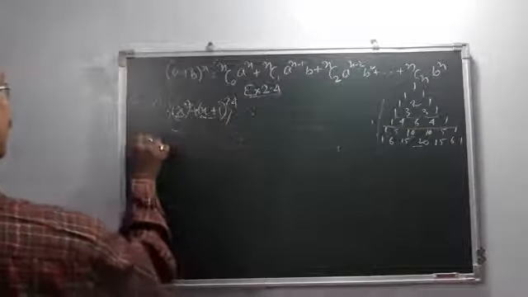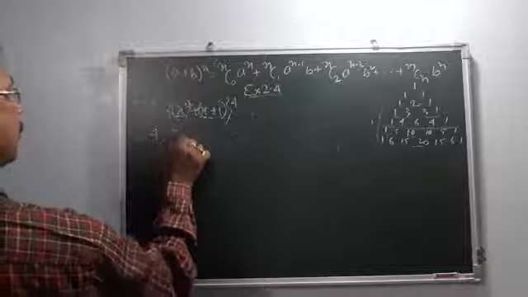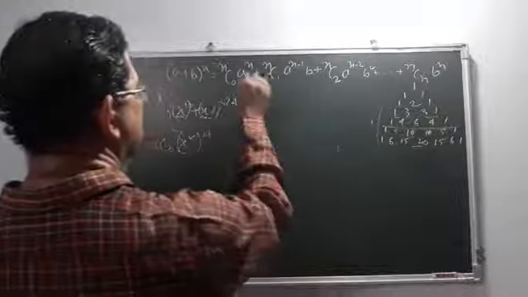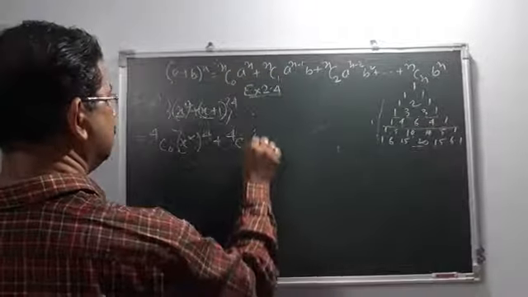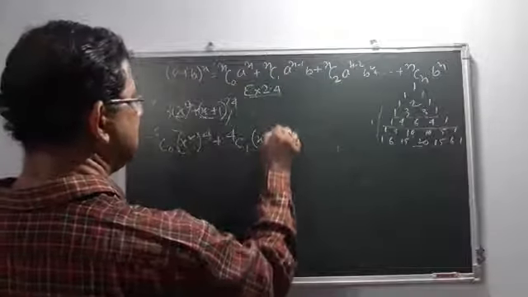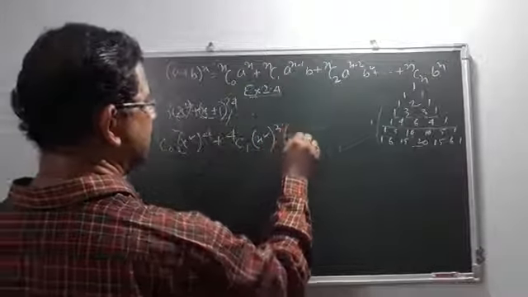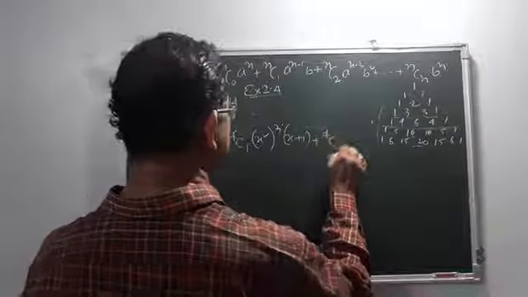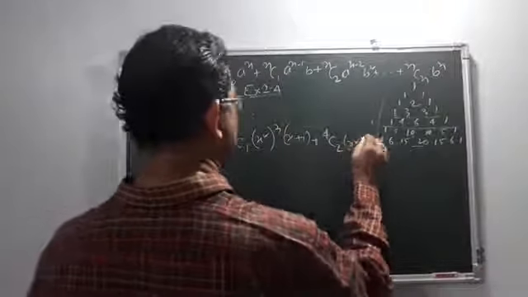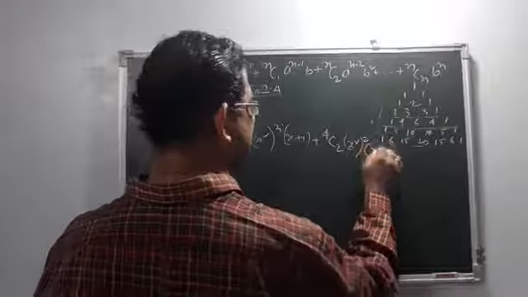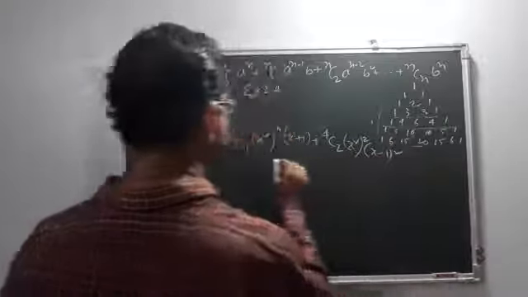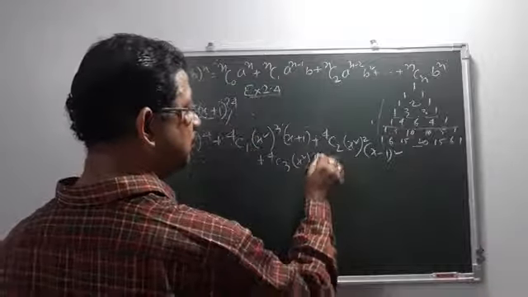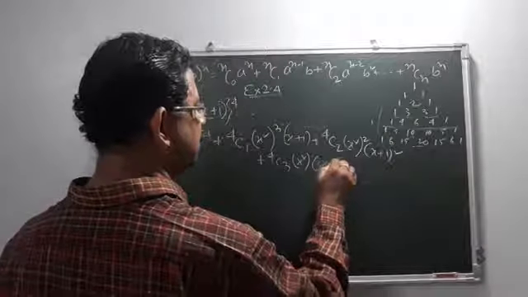We can write 4C0 (x square) to the power 4, plus 4C1 (x square) to the power 3 into (x plus 1), then 4C2 (x square) to the power 2 into (x plus 1) whole square, plus 4C3 (x square) to the power 1 into (x plus 1) to the power 3.